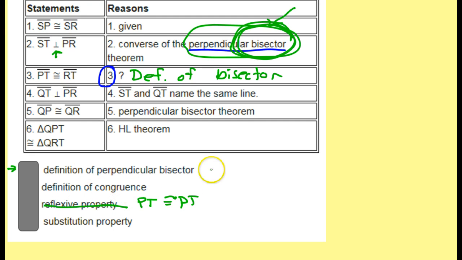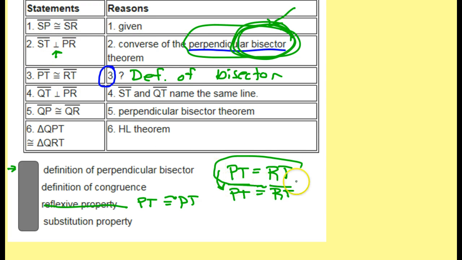Definition of congruence is when they say length PT is equal to length RT, so therefore segment PT must be congruent to segment RT. The distances are equal, therefore the segments are congruent. That's not what happened. If we look at the previous step, it doesn't say this. So it's not the definition of congruence.